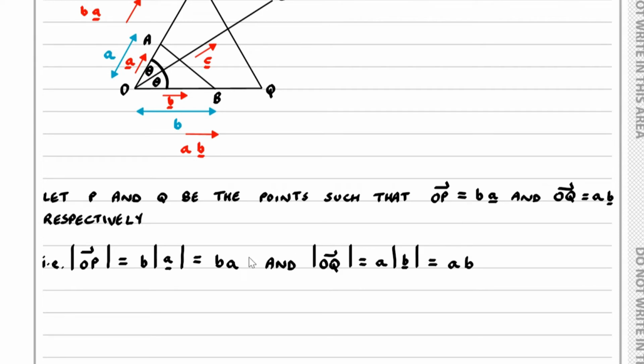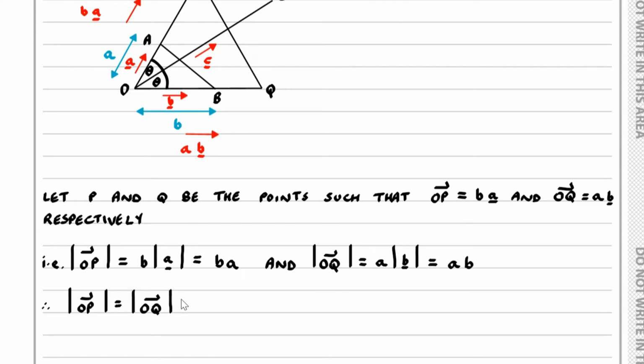And so what we see here then, because ba is the same as ab, that means the magnitude of OP is equal to the magnitude of OQ.